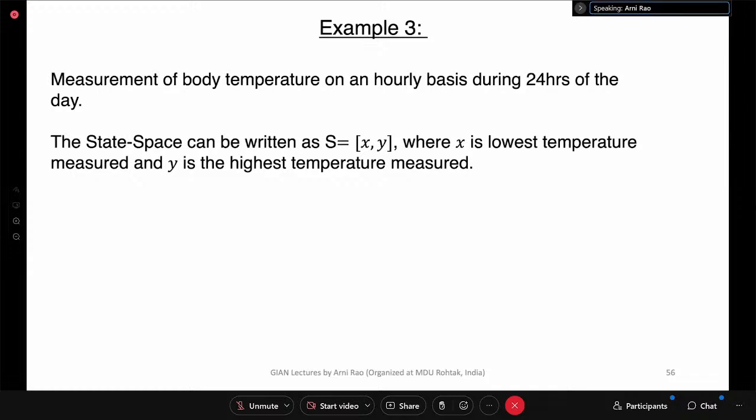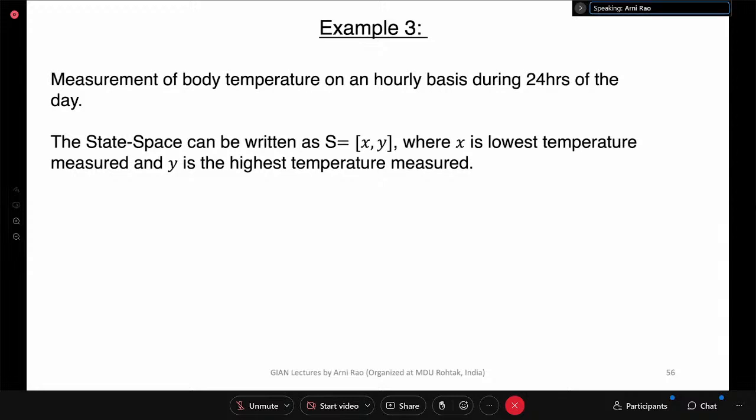Now the state space is what? In the hospital, continuous. In this case, the temperature of the body of a patient in a hospital might change or might not change. You don't know.